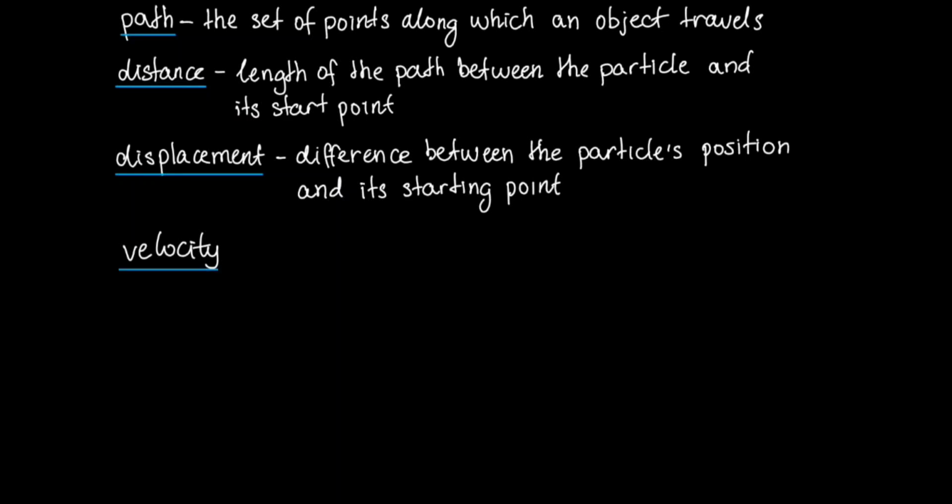Now, if you have done physics before, you probably know that velocity is defined as the speed in combination with the direction of motion of an object. To put it more simply, your velocity would be the change in displacement divided by the change in time.